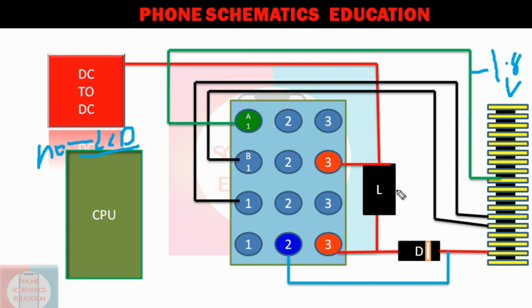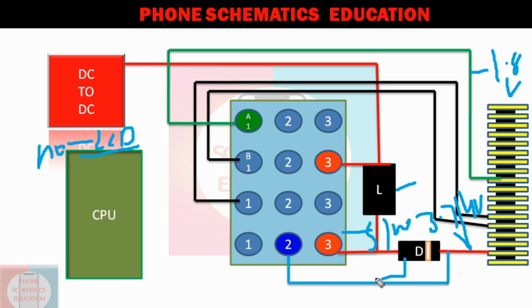Maybe this coil is not boosting the voltage. So that's why you get 3.7 to 4 volt here, right? Maybe this IC does not switch with the coil. Maybe this diode has a problem.